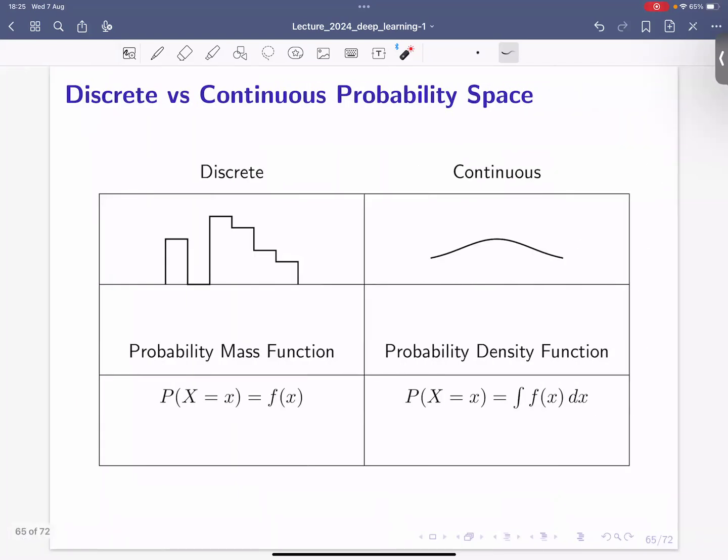Okay, let me explain a little bit more the subtleties between discrete and continuous probability spaces. So far, I did not actually differentiate between these two cases. These are things that you've already seen, so we're going to put this into the language that I've used so far. Let's look at a discrete probability space on the left, and a continuous probability space on the right. In the discrete case, we have a discrete probability measure.